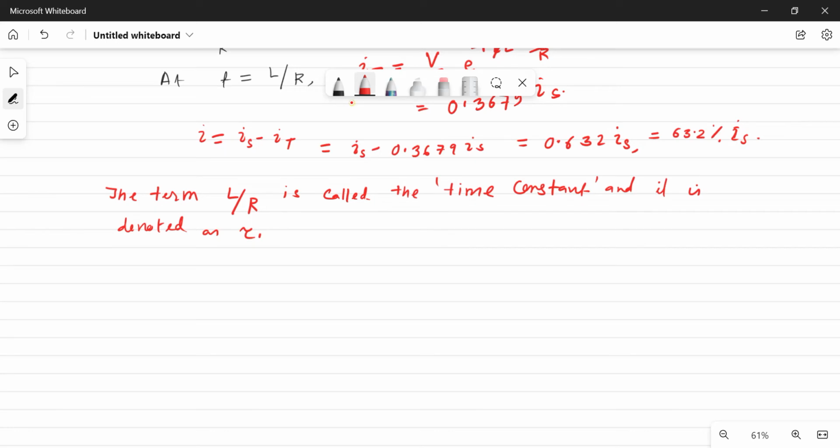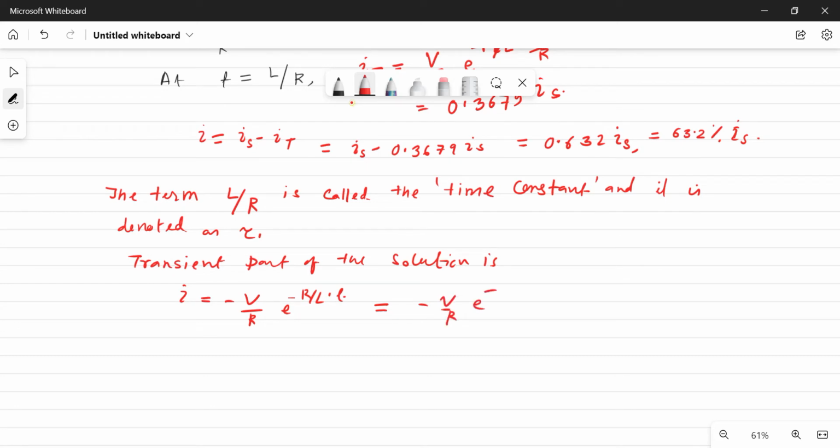The transient part of the solution is I equal to minus V by R e to the power minus R by L into T, or equal to minus V by R e to the power minus T by tau. So tau is equal to L by R. After 5 tau, the transient part reaches more than 99% of its final value.